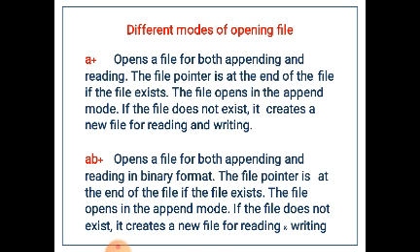Next, AB plus opens a file for both appending and reading in binary format. The file pointer is at the end of the file if the file exists. The file opens in append mode, and if the file does not exist, it creates a new file for reading and writing.